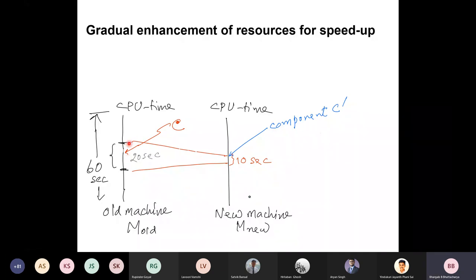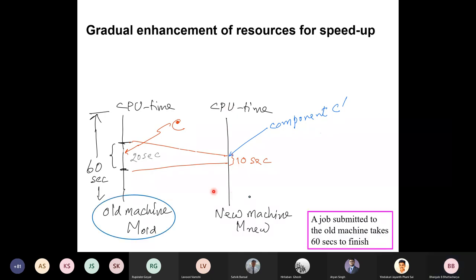Now in the new machine, this component has been improved so that its speed up is 2x. So this component required 20 seconds in the previous machine. Now in the new version, it would take 10 seconds because there is a 2x speed up, right? The remaining time would remain the same.